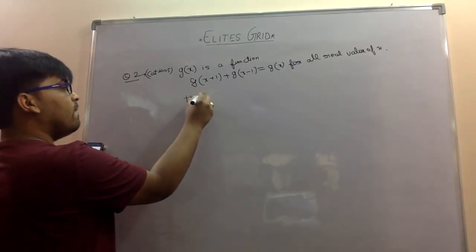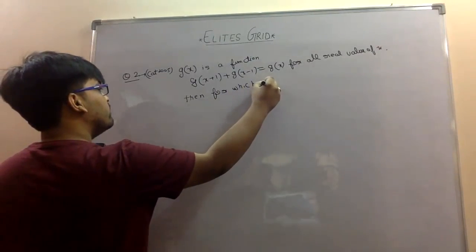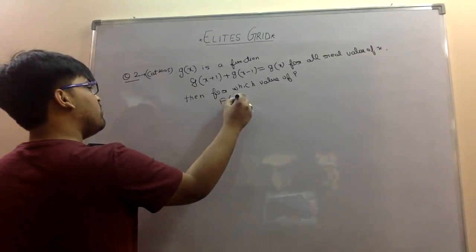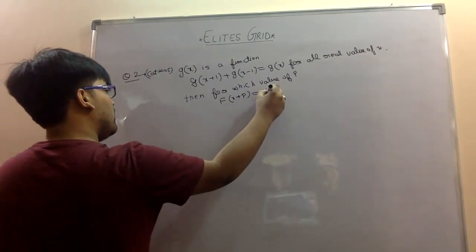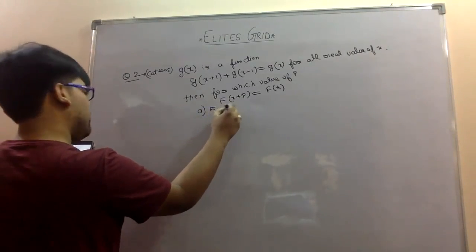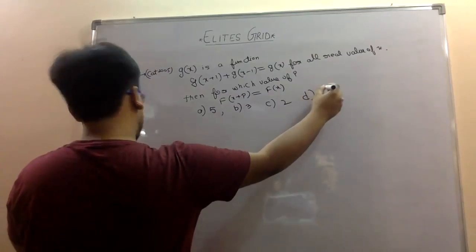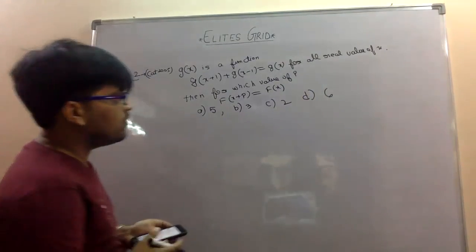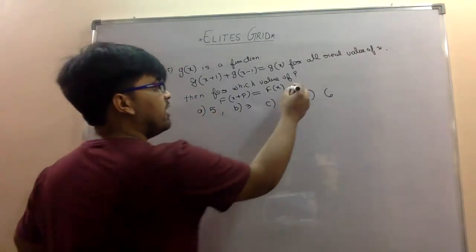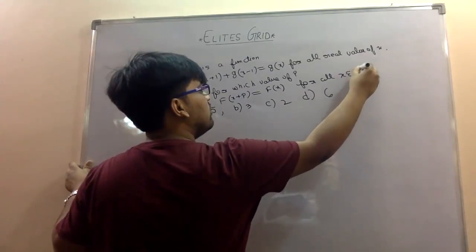Then for which value of p is f(x+p) = f(x)? Options: A is 5, option B is 3, option C is 2, option D is 6. For which value of p is this true for all real values of x?